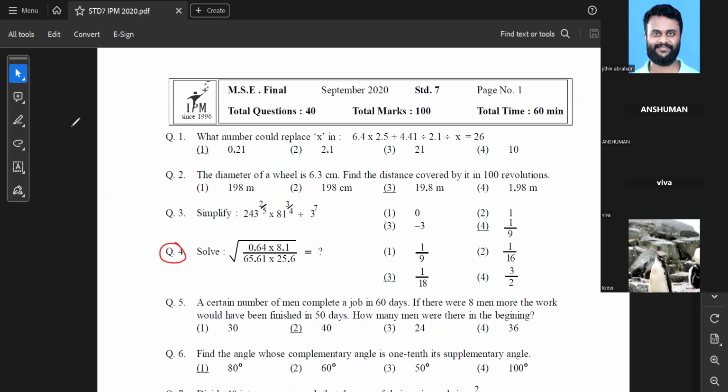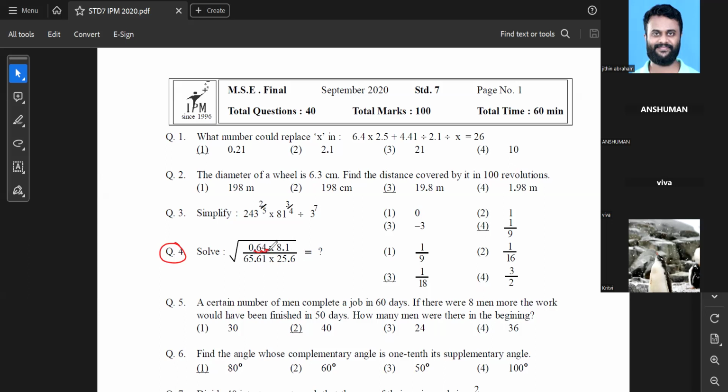Okay, I'm back. So dear children, this is the square root of 0.64 and so on. I'll first substitute the numbers one by one. If you're feeling difficulty with the decimal values, you can take the decimal points out. When I take the decimal points out, I multiply by 100 in the numerator and denominator.